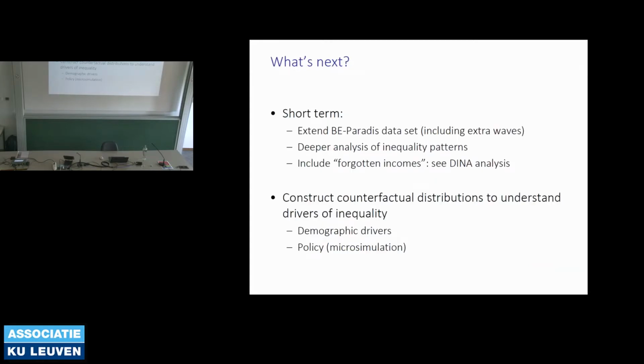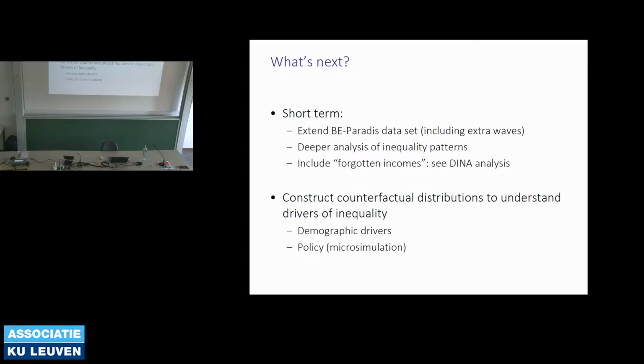And that's my final slide, and then I take the bottle of water and sit down. On the short term, what do we want to do? Of course, we want to extend the data set. There are new waves. We also want to include the 85 earlier SEP wave. We want to do a deeper analysis. I've shown you some graphs, but we can now do much deeper analysis. We can look at absolute inequality measures, something that Andre and I, you might know, are very keen on doing.